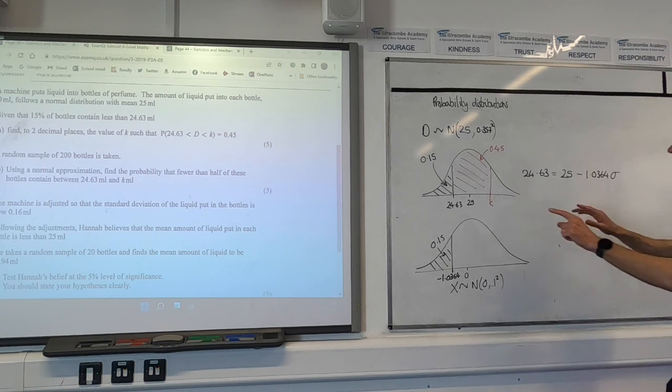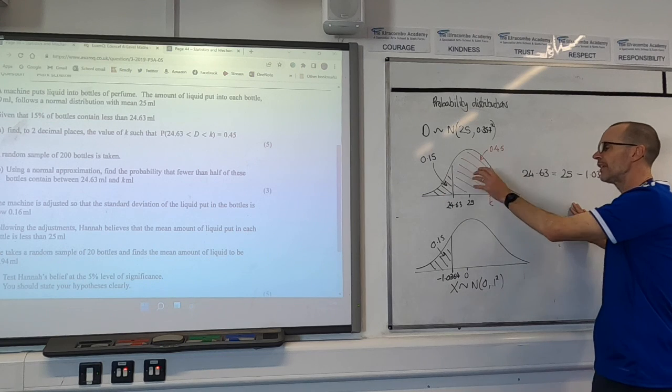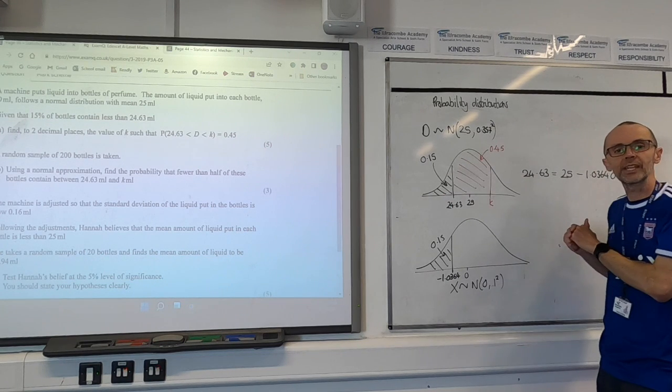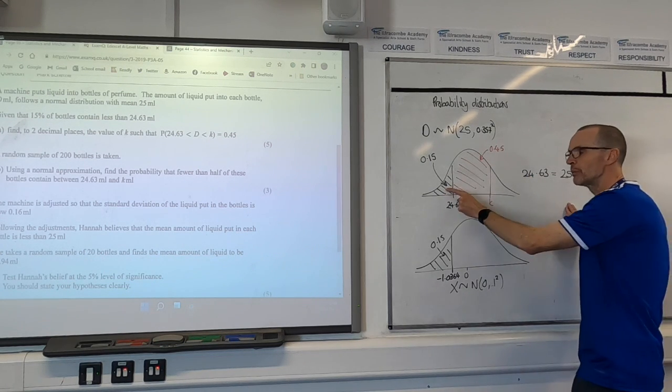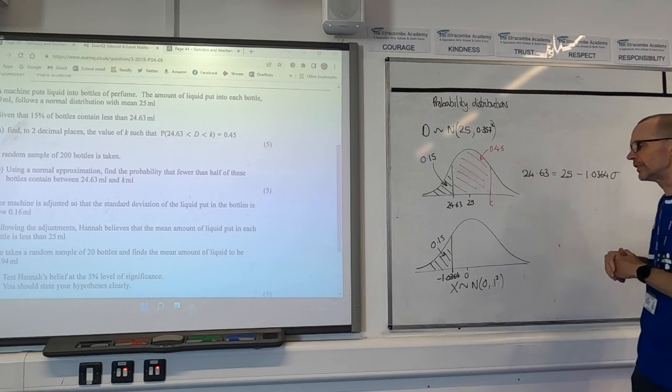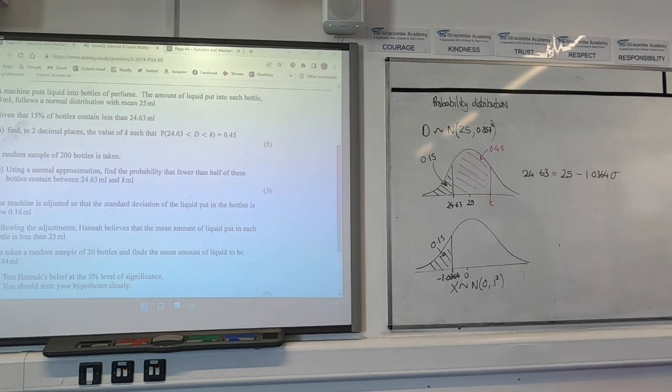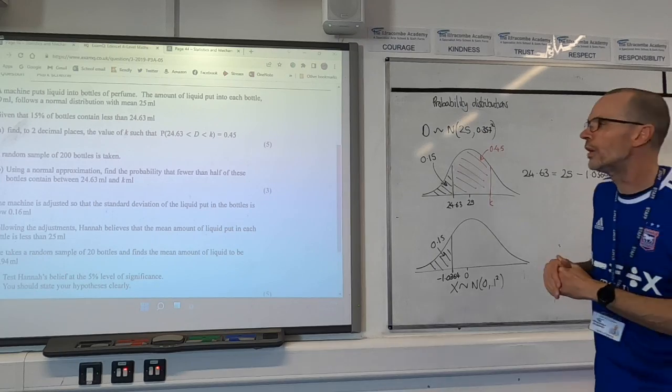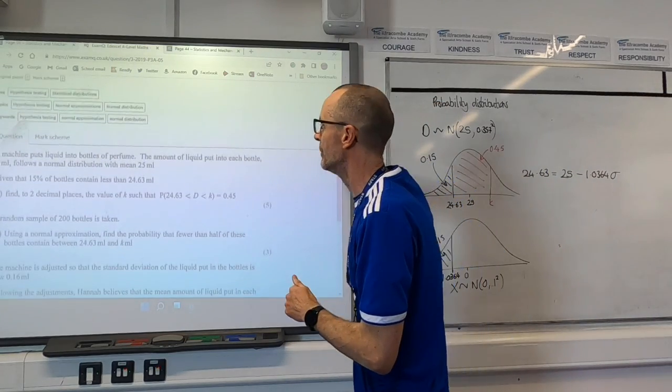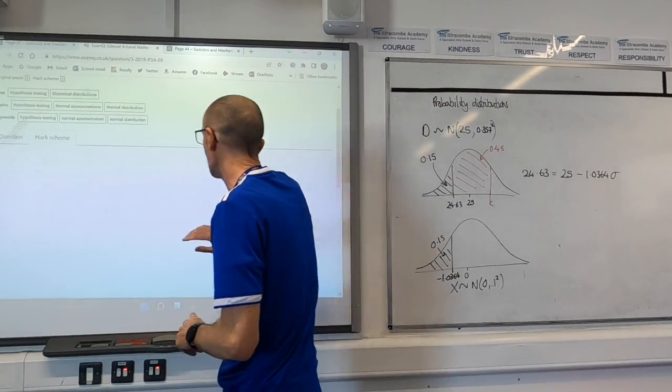So I did it by doing a left tail and asking what value gave me a probability of 0.6, because it was the 0.15 and the 0.45 that was after, and I got 25.0904. We can have a look at the mark scheme just to confirm what it says about accuracy.